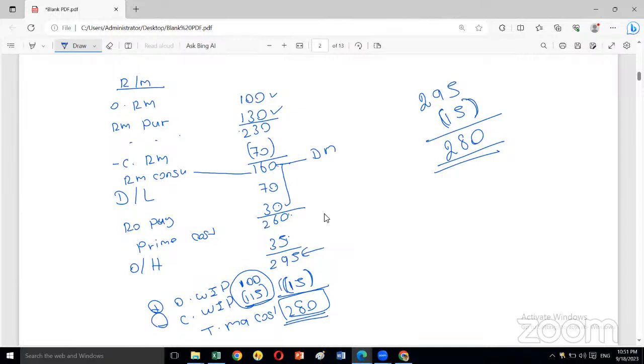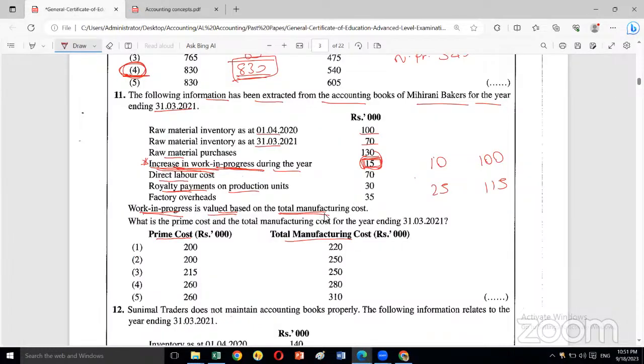I have to do the work in progress adjustment. After that, I will get a value, and this value I should record as the total manufacturing cost. So do we have the answer for this? Yes, we have the answer. The fourth one is the correct answer.